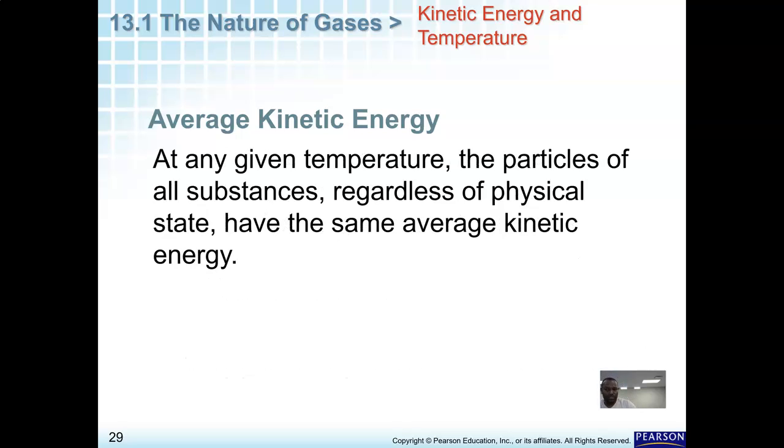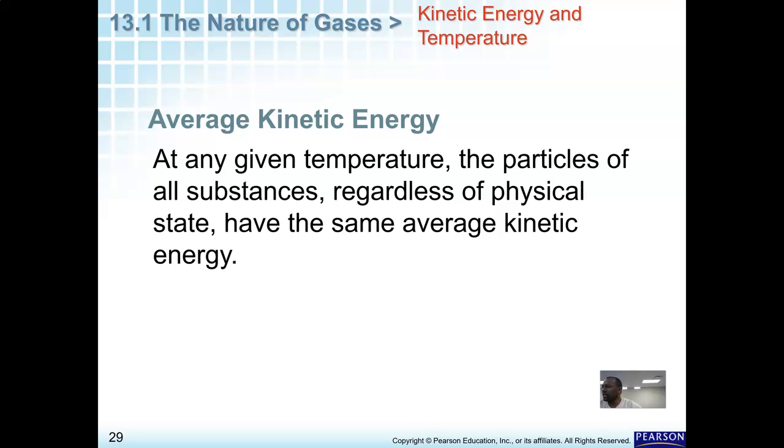At any given temperature, for example at room temperature, the particles of all substances, regardless of the physical state, whether solid, liquid, or gas, have the same average kinetic energy. So the average kinetic energy of the particles in here is the same. The average kinetic energy of the particles of gases in this bowl is the same.